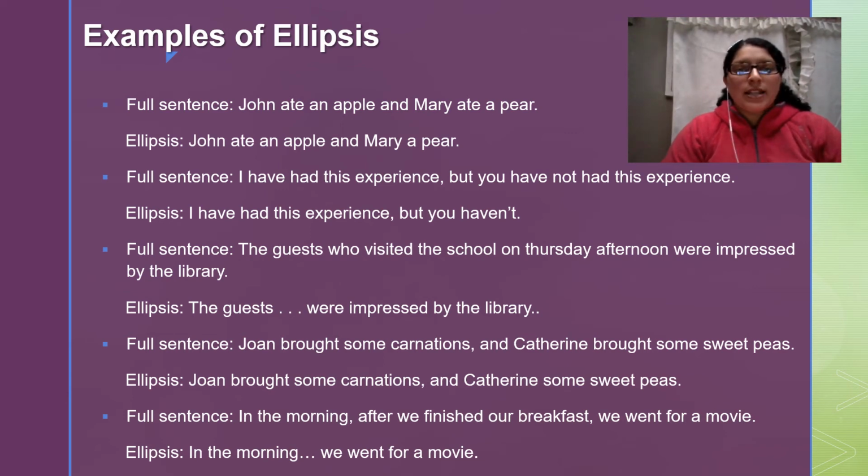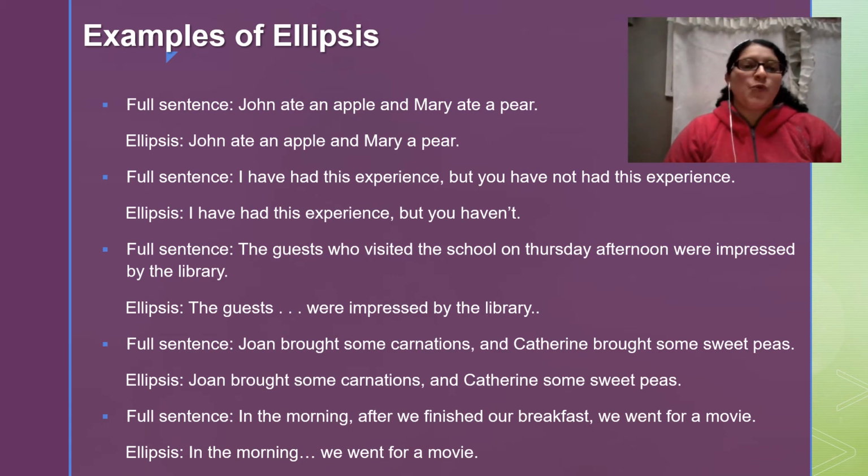John ate an apple and Mary ate a pear. So the sentence with ellipsis says, John ate an apple and Mary a pear. Here, the omission of ate didn't make the sentence ambiguous. The second sentence, I have had this experience, but you have not had this experience.